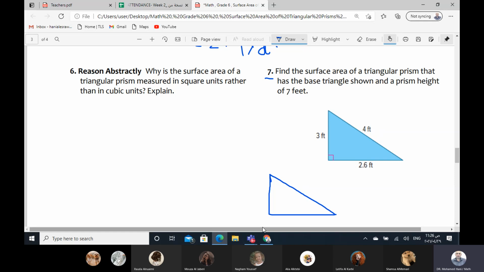I will continue to the triangular prism, so draw here the same base. Then continue to the triangular prism. The height here will be 7. Here 7, here 7, and here 7.